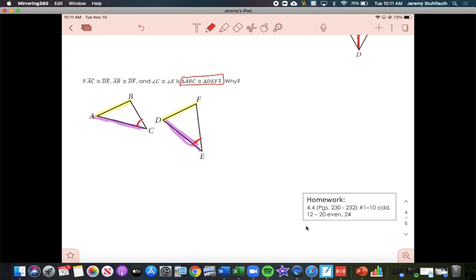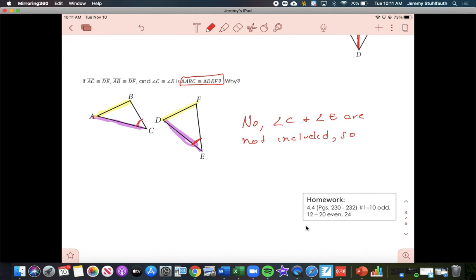And the answer would be no. Why? Because that angle is not included. Angle C and angle E are not included.